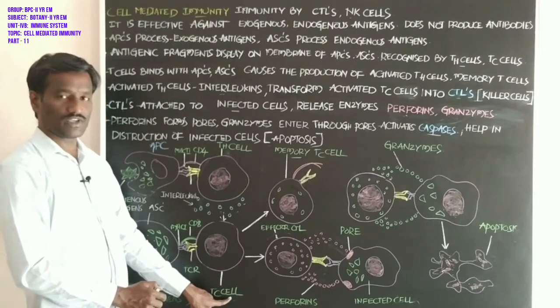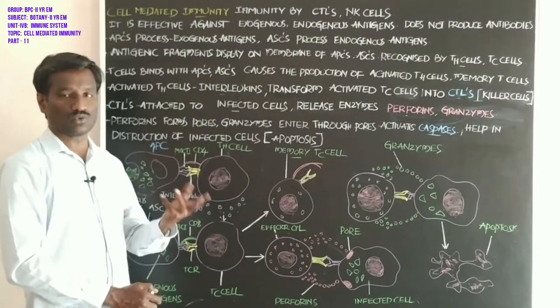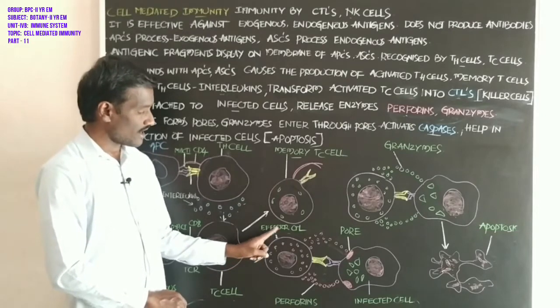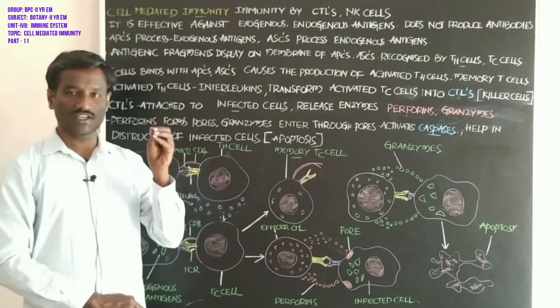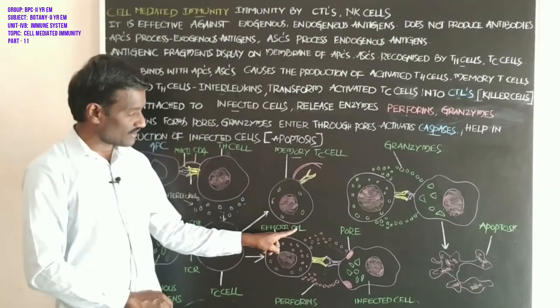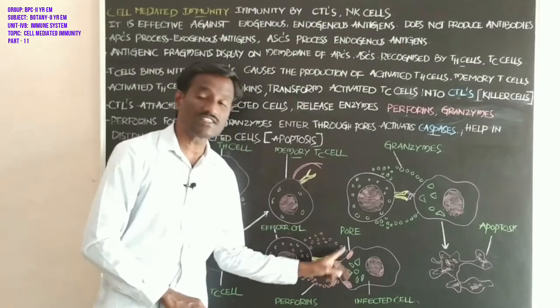The TC cell changes into two types of cells, memory TC cell and effector cytotoxic T lymphocytes. These cytotoxic T lymphocytes connect with the infected cells in the body.